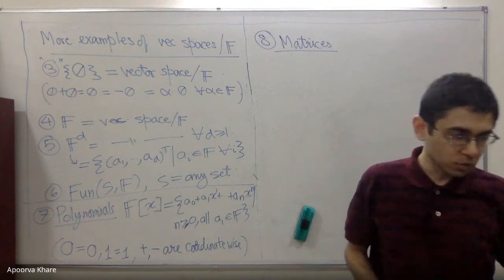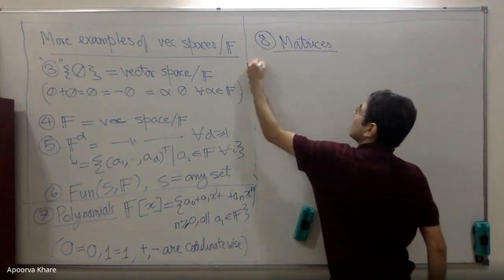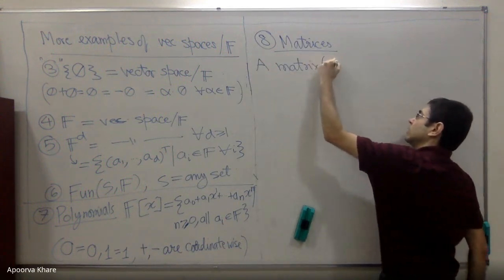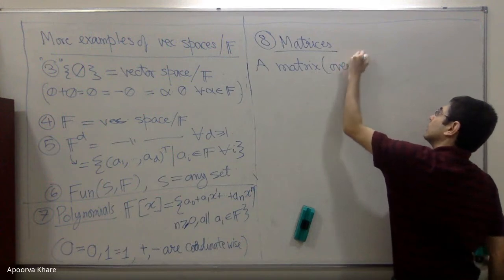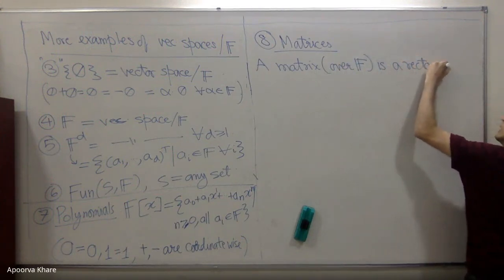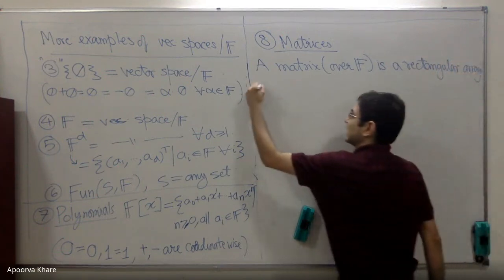Okay, so matrices. So what are matrices? Well, a matrix is just a rectangular array over the field F of scalars.